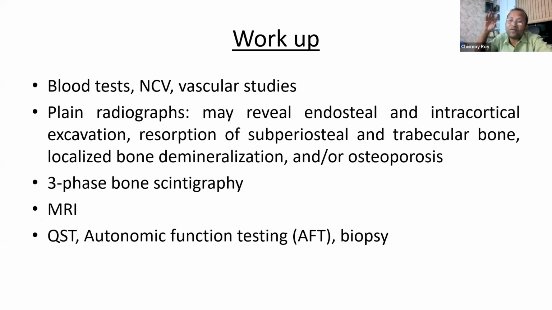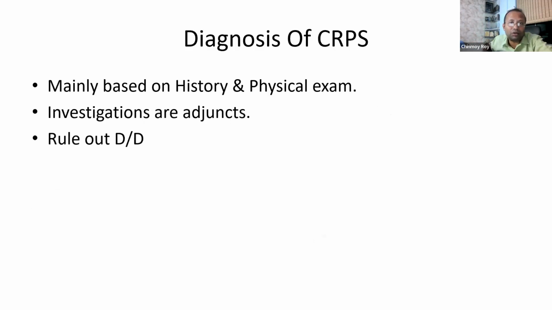So remember, in an experimental setting, you can go for those investigations which give you a positive clue towards the diagnosis, and in clinical practice, you do all the investigations which just rule out the differential diagnosis. Okay, then diagnosis of CRPS, as I told, is mainly based on history and physical exam, nothing else.